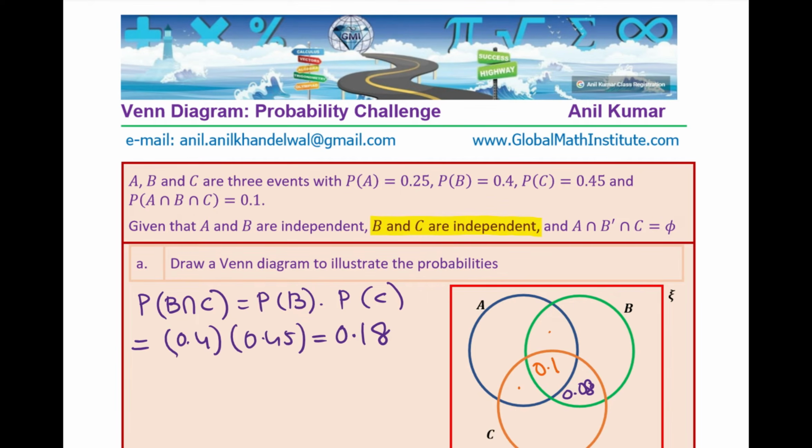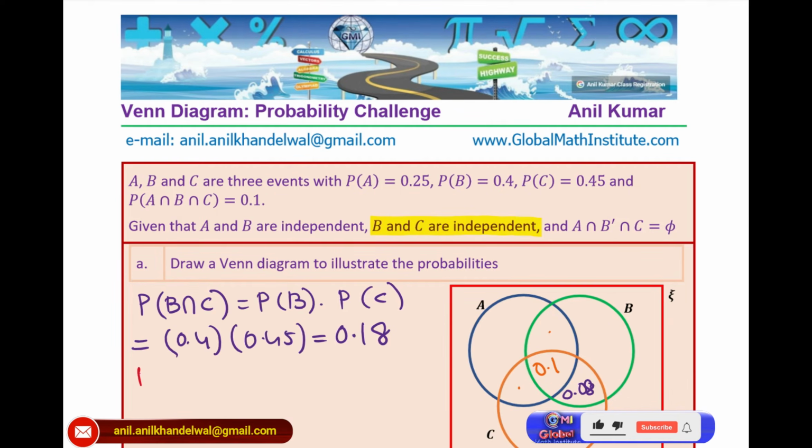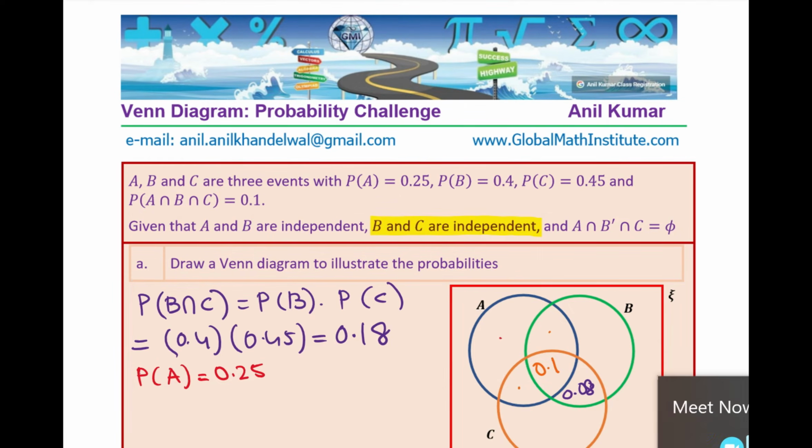Now we can move forward. We know that the probability of A is 0.25. Now from there, what will come in this place? Well, clearly, 0.1 is already given to us.